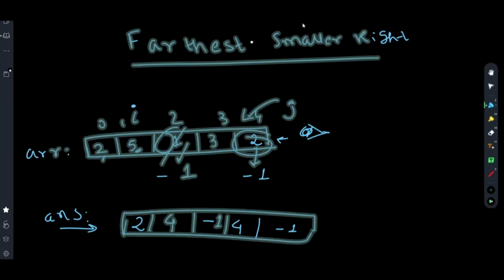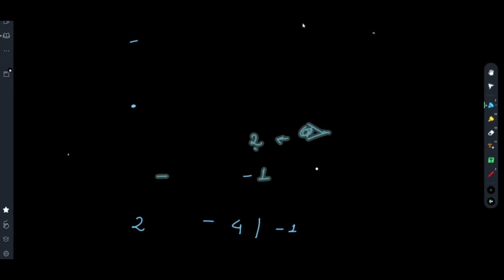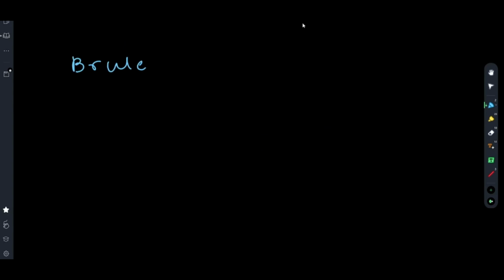Let us start with the brute force. Before we start, this problem will be solved using 3 approaches today. One is the brute force approach, and then there will be 2 optimal solutions.